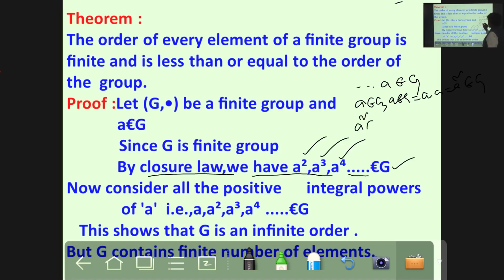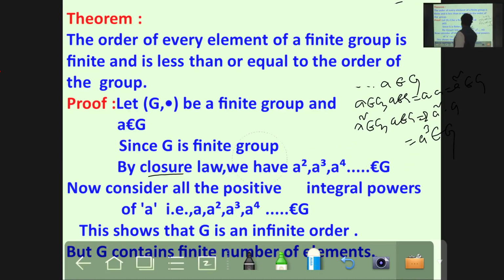Now a squared belongs to G, take another a belongs to G, that implies a squared times a, that is a cubed, also belongs to G. Like this, a to the power 4 also belongs to G, a to the power 5 also belongs to G.